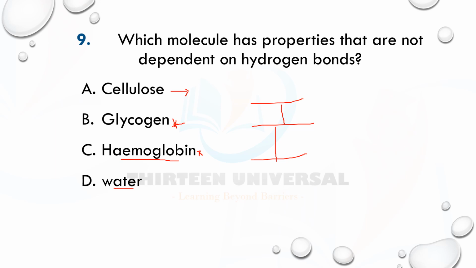Cohesion is needed for water columns to be formed in xylem in order for water to be transported. So guys, this needs hydrogen. Glycogen doesn't even have hydrogen bonds. Hemoglobin needs hydrogen for its shape. This needs hydrogen to stick to another water molecule. So the one that doesn't need hydrogen bond is glycogen, and that's the answer.